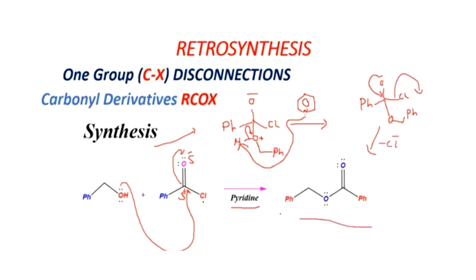Here look at how the synthesis could occur. As I told you, the negative lone pair of the oxygen atom could attack this carbonyl group. Here is the formation of this intermediate. Then the pyridine, which is a base, abstracts this proton from this molecule.